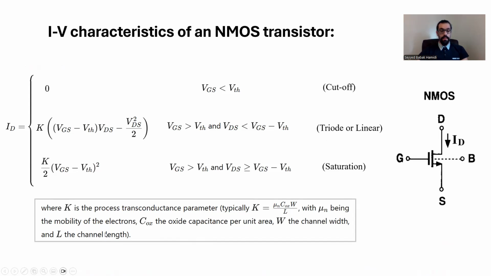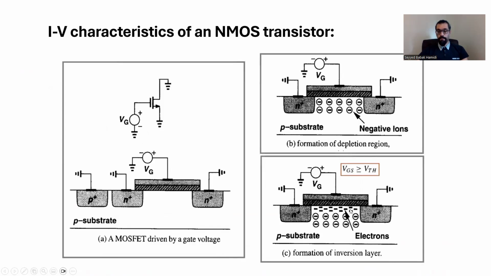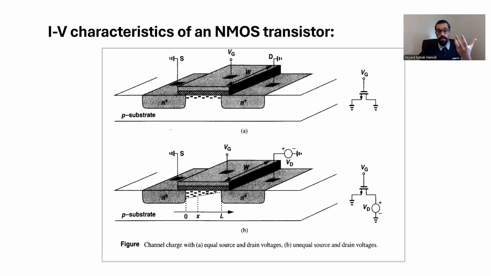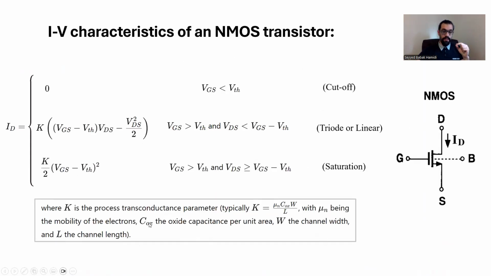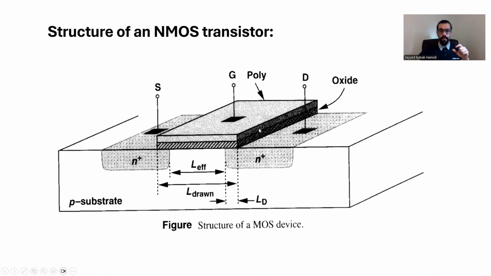Mu n is the mobility of the electrons. As I explained, these electrons form the layer under the channel of the transistor, and the mobility of those electrons again depends on the technology that we use. That has a number, a coefficient. And C oxide is the capacitance per unit area. As I explained, the oxide forms the dielectric under the gate, and because of the dielectric and the metal, you have a parasitic capacitance here, defined by C oxide.